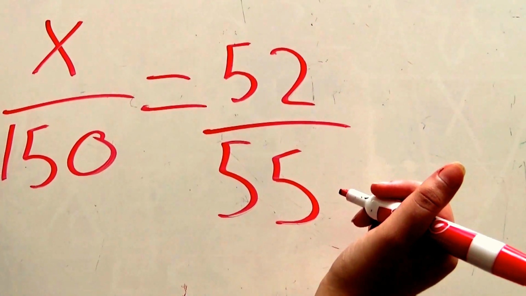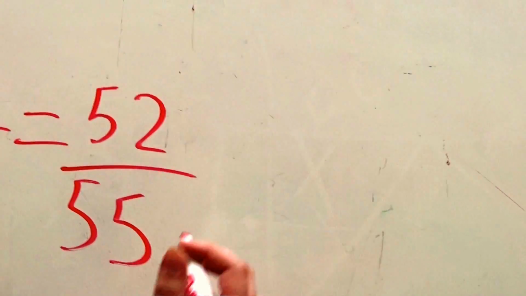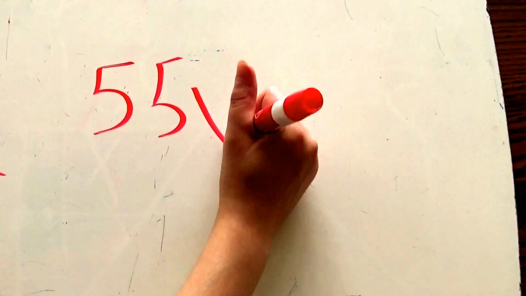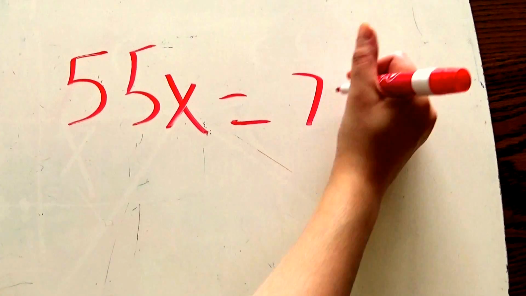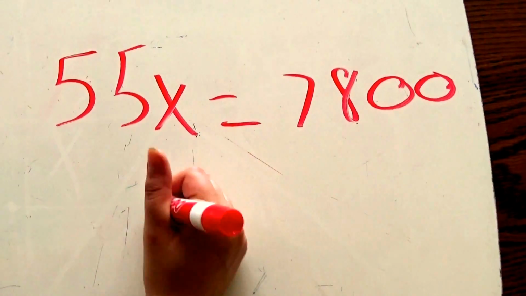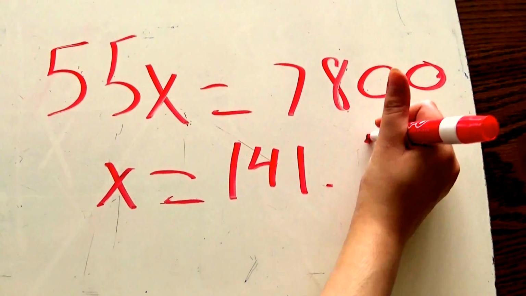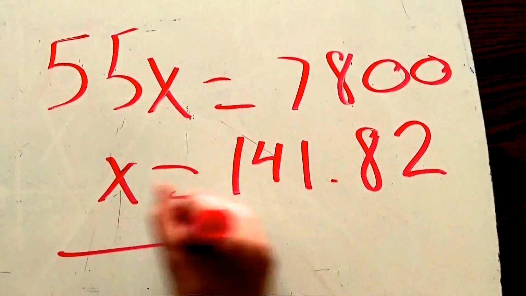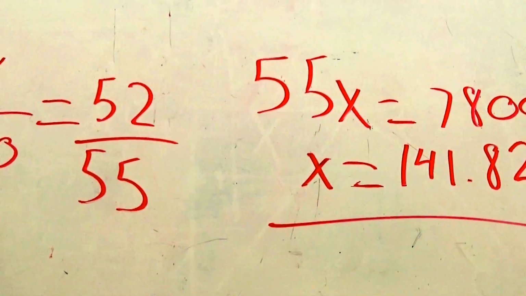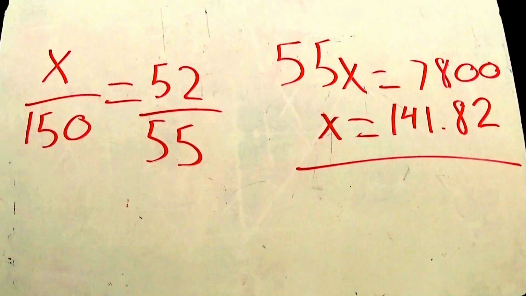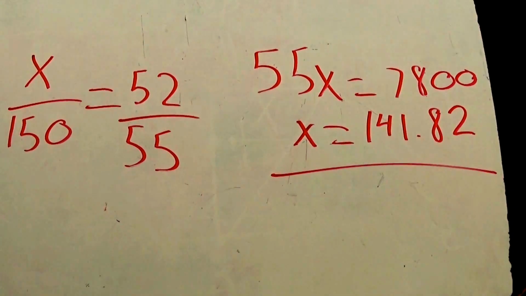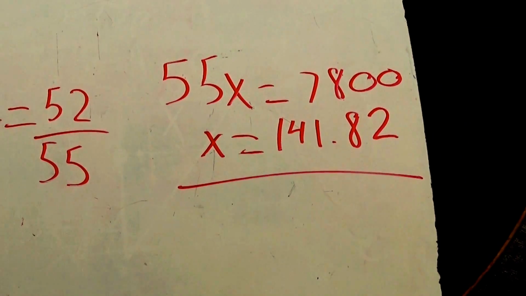The mirror that was on the ground. 55x equals 7,800. X equals 141.82. So basically what we did was we created a proportion with the numbers that we created, and then we solved for the proportion.